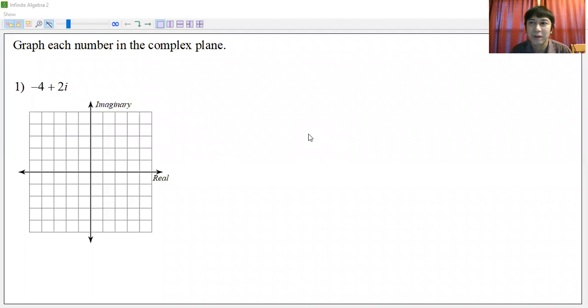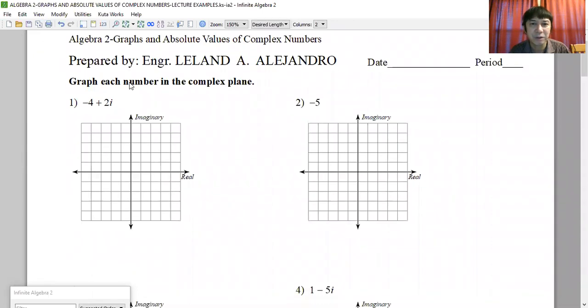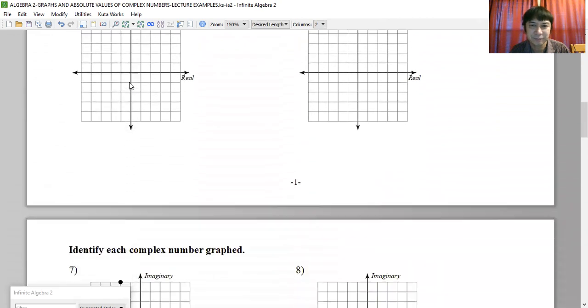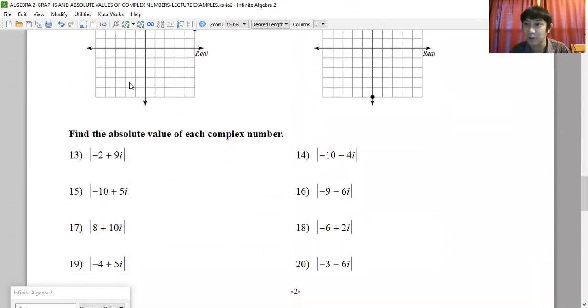So we're going to check on the problem sets right now. Here's the first number. Let's determine the number of items that we're going to do today. We have probably around 20 numbers.